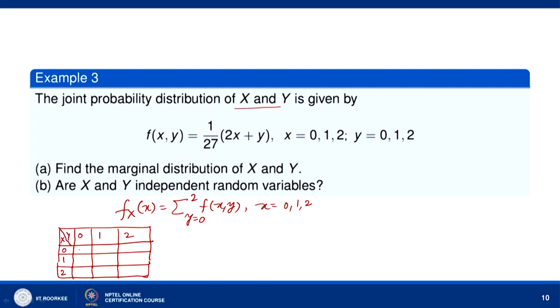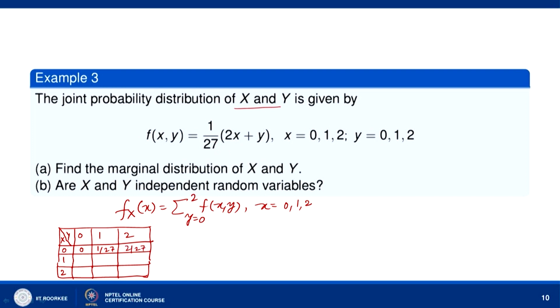When x is 0, y is 0, f(0,0) equals 0. When x is 0, y is 1, it is 1 by 27. When x is 0, y is 2, it is 2 by 27.